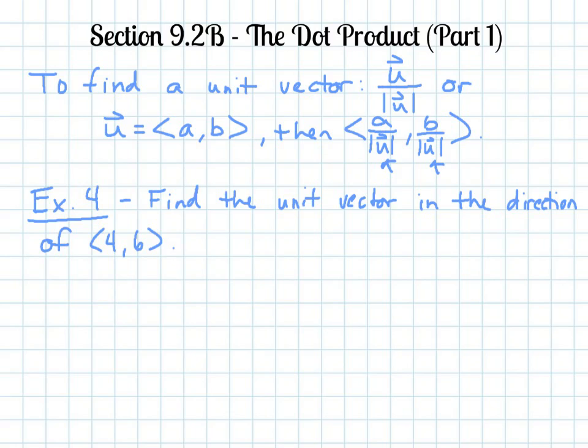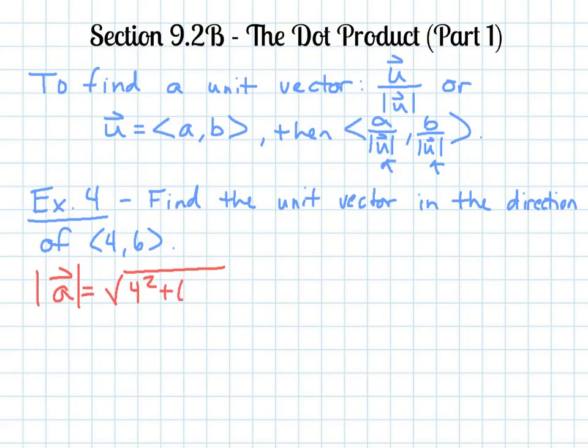Example 4 says find the unit vector in the direction of 4, 6. First, you need to find your magnitude. Let's call it vector A. I want to take the magnitude of it, because that's the first thing we need to know.